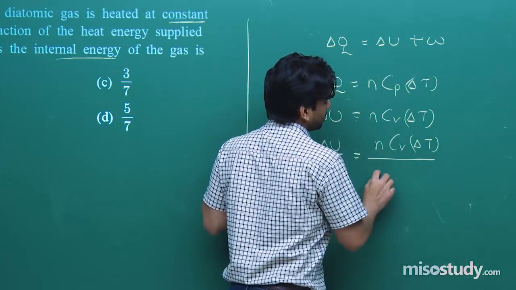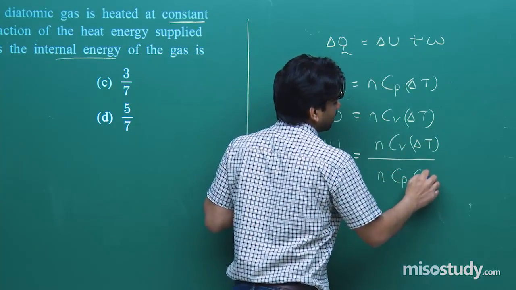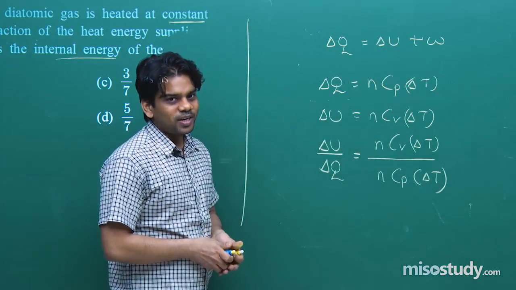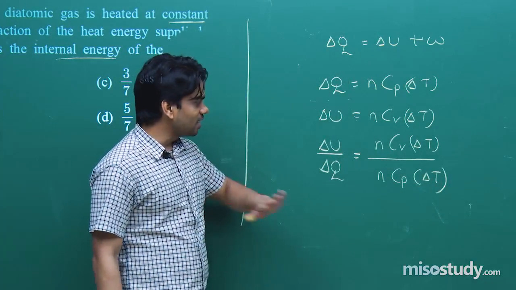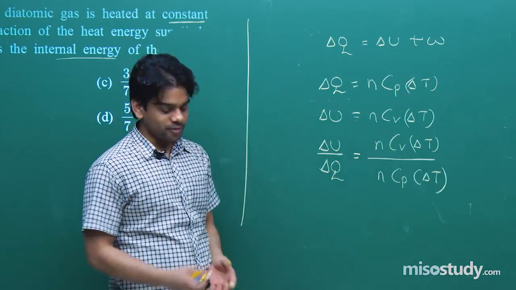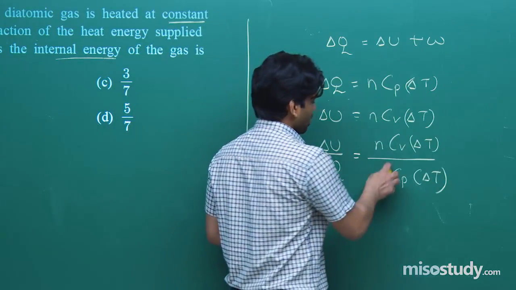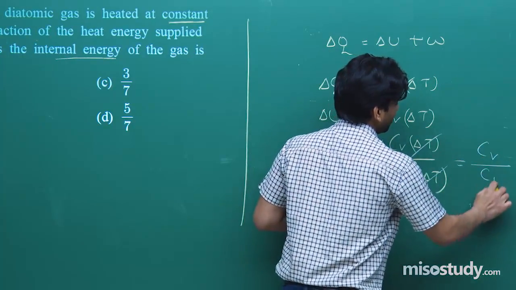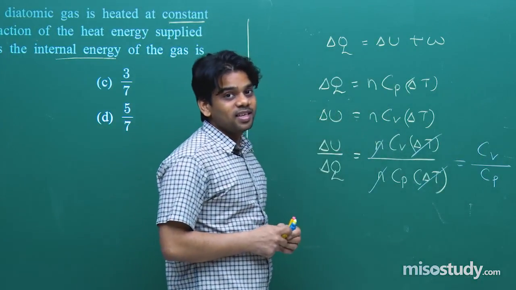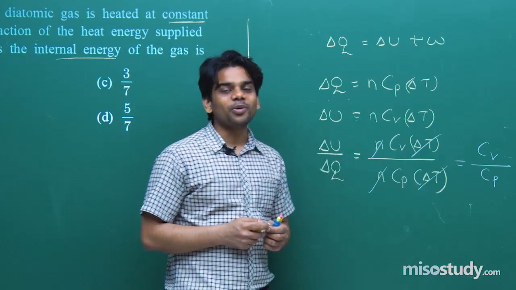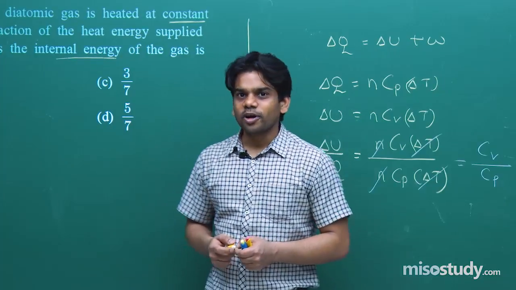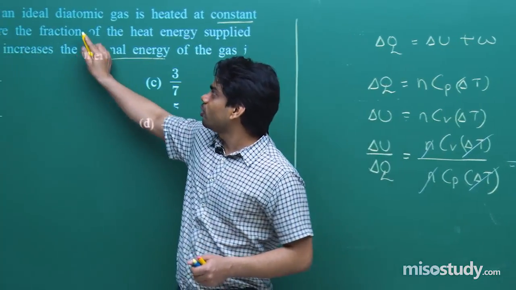So NCV delta T by NCP delta T, and after so many discussions based upon CP and CV, I believe that you can clearly now answer this. N and delta T will be cancelled out. Clearly the answer will be CV by CP, that is 1 upon CP by CV. For a diatomic gas, just now in the last question I put the value of CP by CV as 7 by 5, and again it's a case of diatomic gas.